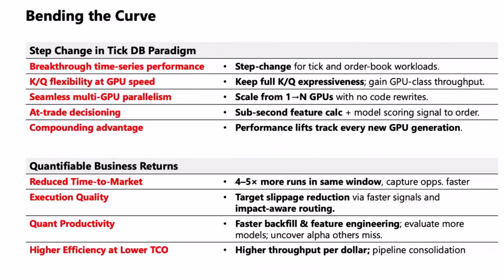So overall, we think that what we have here represents a significant shift in how we have generally worked with KDB Plus. It's a step change in the tick database paradigm. This breakthrough time series performance, full KQ flexibility at GPU speed, multi-GPU parallelism, at-trade decisioning, all of these have a compounding advantage.